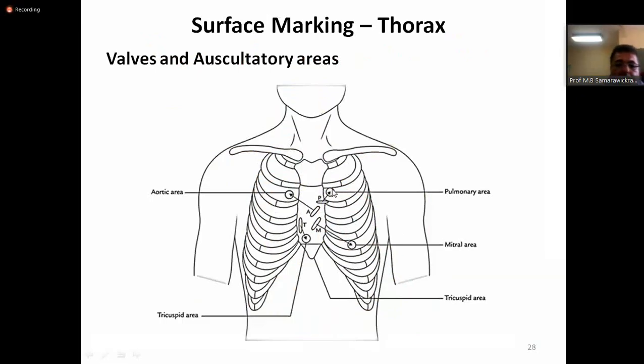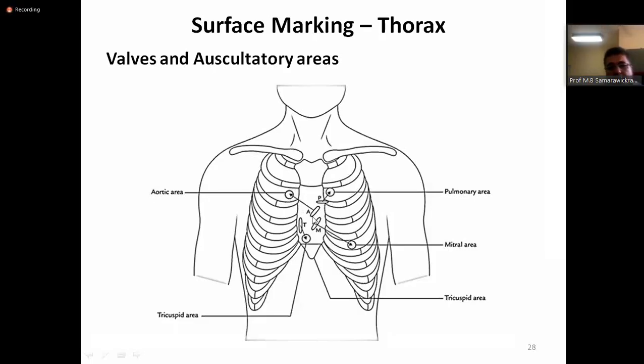So heart valves lie along the line of the coronary sulcus, but the auscultatory areas are placed at different places, right? Auscultatory areas mean these are the places where you keep your stethoscope to listen to particular heart sounds. So aortic valvular sounds you hear on the right side, second intercostal space, just lateral to the sternum.